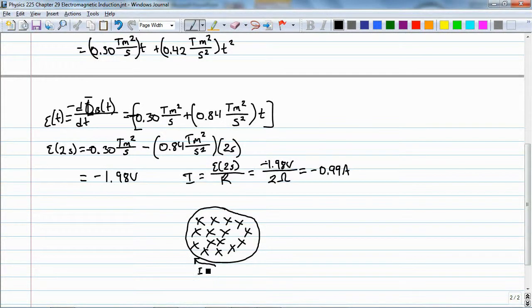That would normally be how my eye would go. And if I put my fingers through the loop around this wire, it would go in this direction.